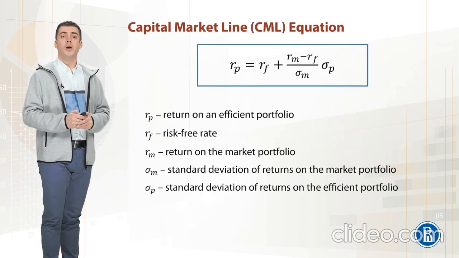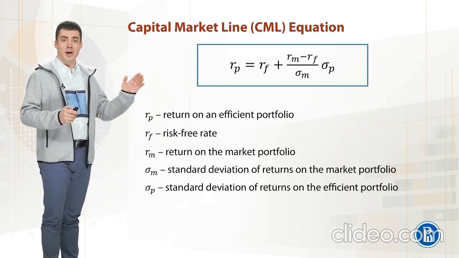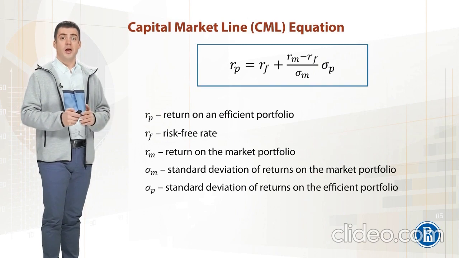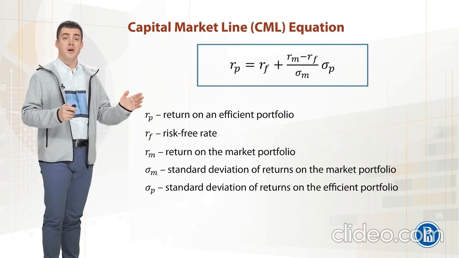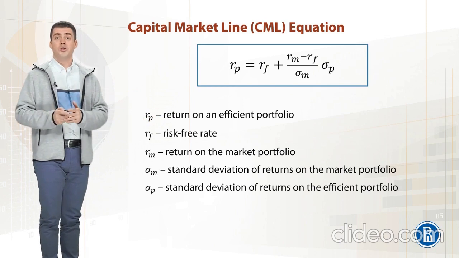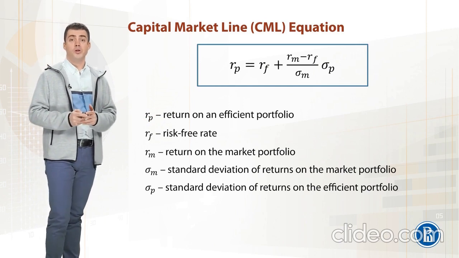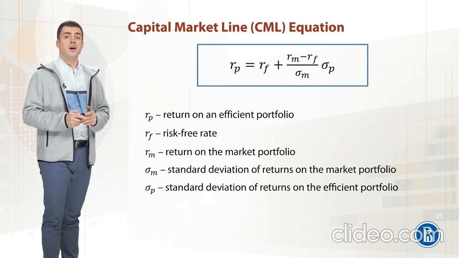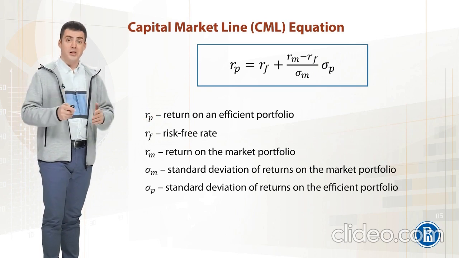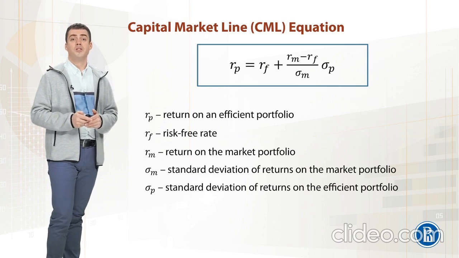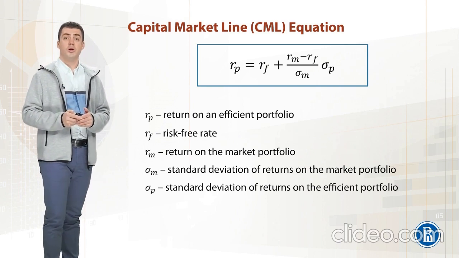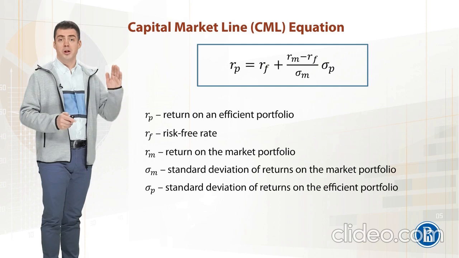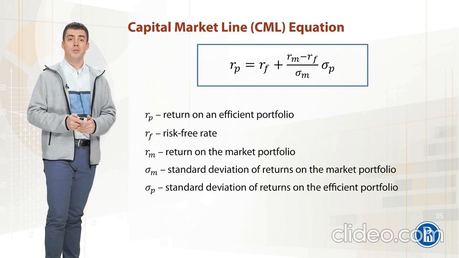Here is the equation for the capital market line, showing the relationship between the expected return, which is the dependent variable, and the standard deviation of the portfolio, which is the independent variable. And we see that the standard deviation of the portfolio is multiplied by the Sharpe ratio, which determines the slope of the CML.